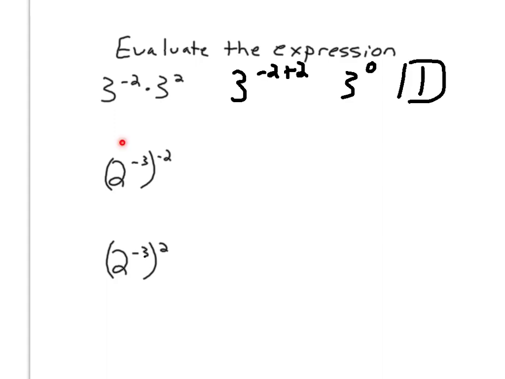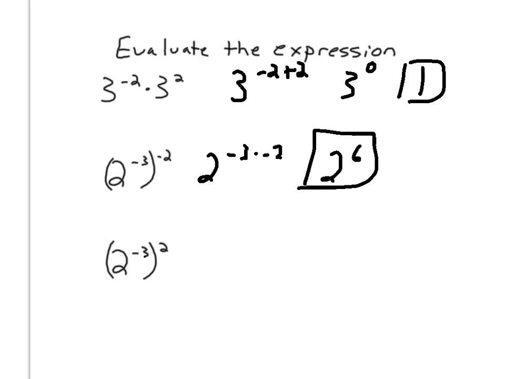Okay? This is the power of a power property. Remember, for power of a power property, we first want to multiply the exponents together. So this is the same as 2 to the negative 3 times negative 2 power, or 2 to the positive 6 power. And that's it.